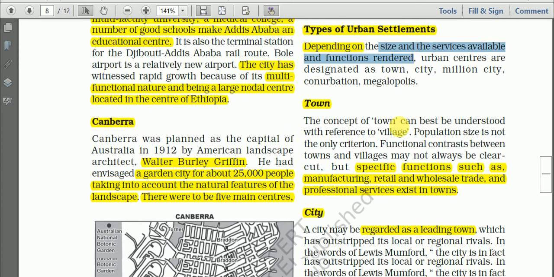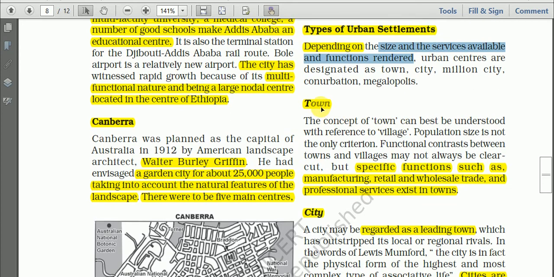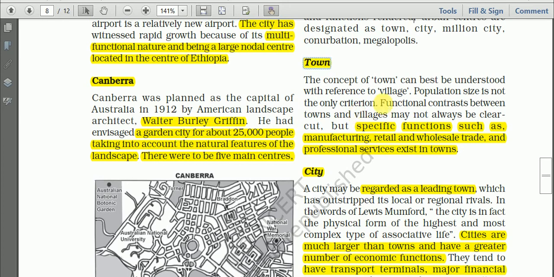Now let us examine the classification. The first one is town. Towns are the smallest unit of urban settlements, and towns have specific functions such as manufacturing, retail and wholesale trade, professional services, and other functions.